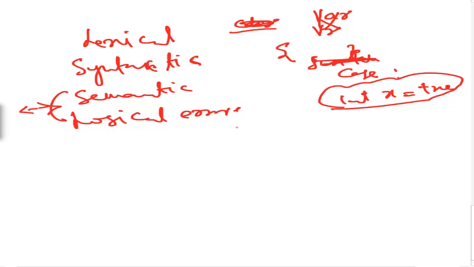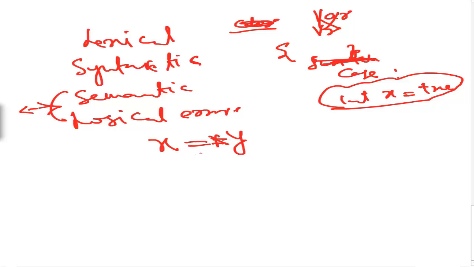Now this will be taken up at runtime, right? And a logical error is something which is logically incorrect. You can come up with an example yourself. That's not a big deal. For example, you are trying to say x equals y, but the intention was to check whether x is equal to y, a comparison, and you wrote an assignment instead.